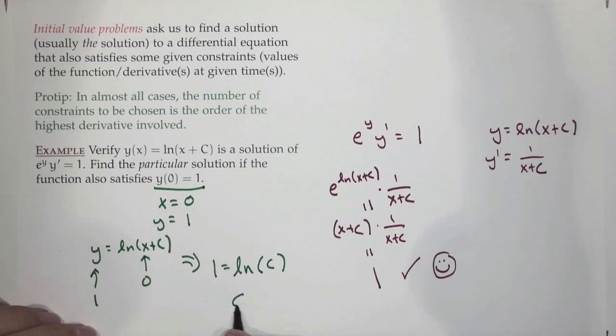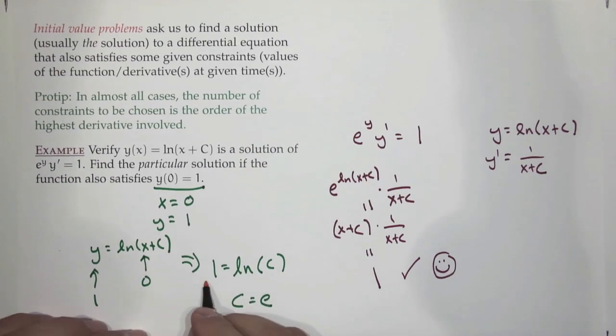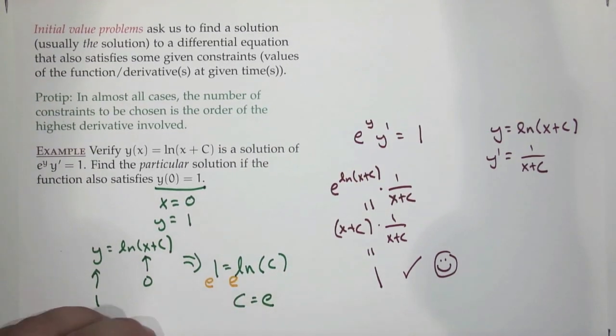The alphabet people win. It's e. Now, remember, natural log is log base e. And if we think about the same process as before, where we said e and log undo each other, you can just take both sides and raise e to them. e to the 1 is e to the log c, and then e to the log c becomes c. And so we get that c equals e. So there we go. All right.